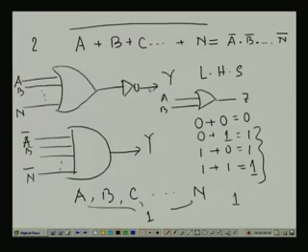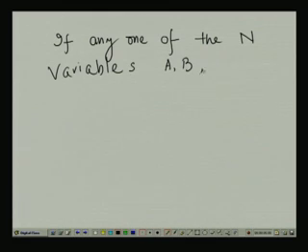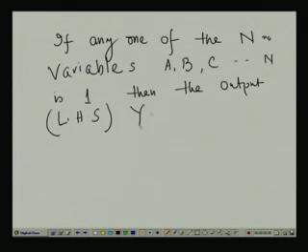That means if any one of the n variables A, B, C up to n is 1, then the output, actually left hand side output, y equals 0.